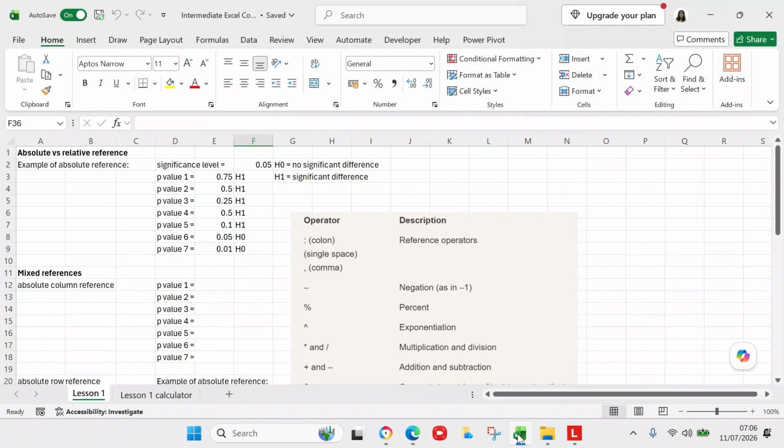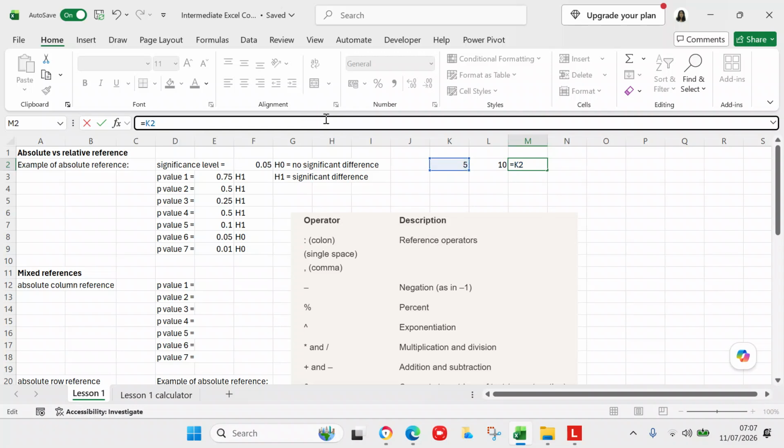Excel is set up for relative cell references. So if you put a formula in a cell, we're going to say here 5, 10, and then equals K2 plus L2.